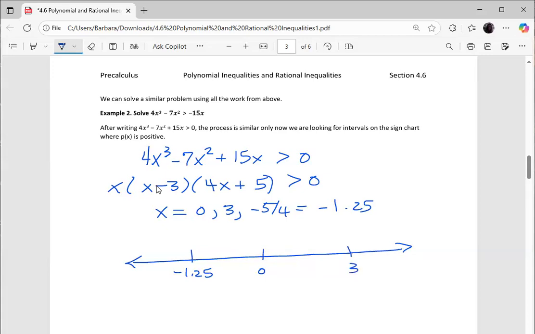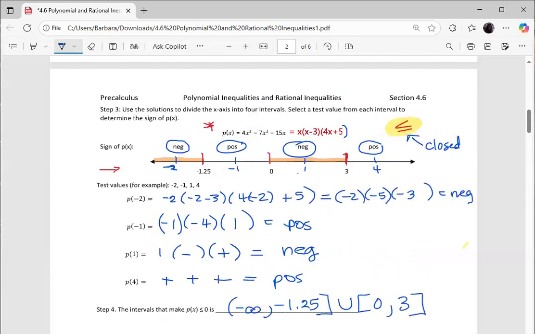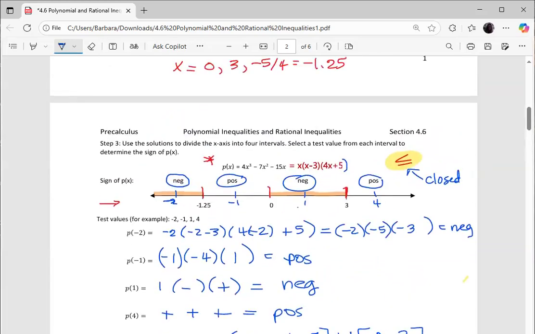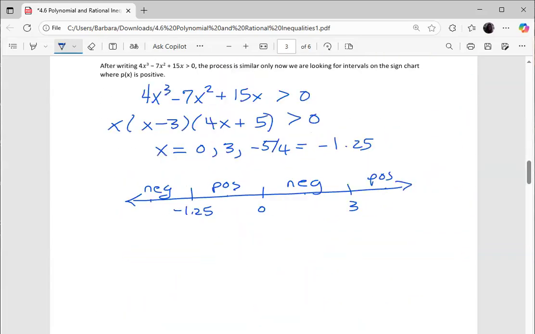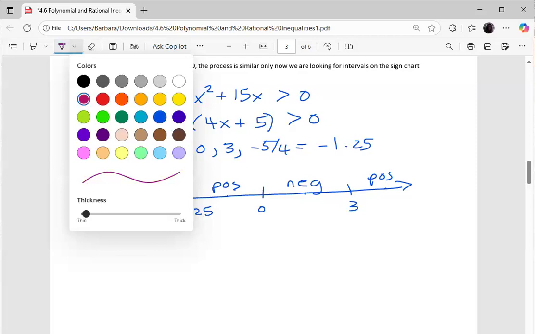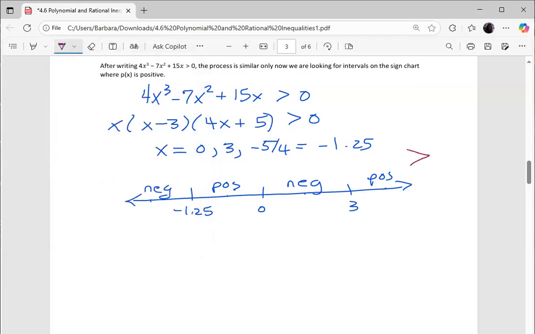We already tested the points, right? And we found the first one was negative, the second one was positive, the third one was negative, and the fourth one was positive. Just so we can remember what we did there. Okay, negative, positive, negative, positive. And because we want the polynomial to be greater than, I'm going to shade the positive intervals.